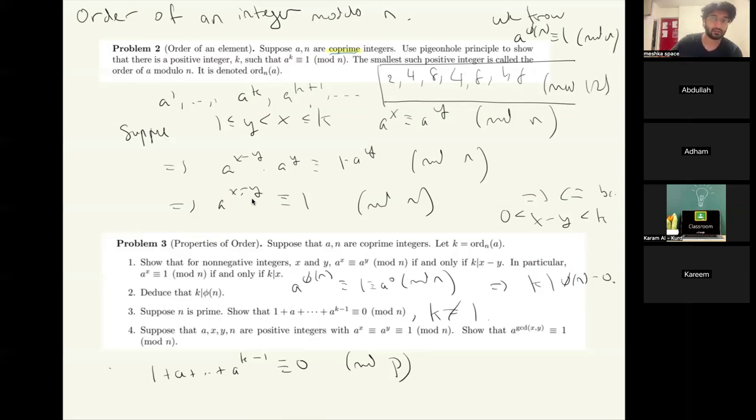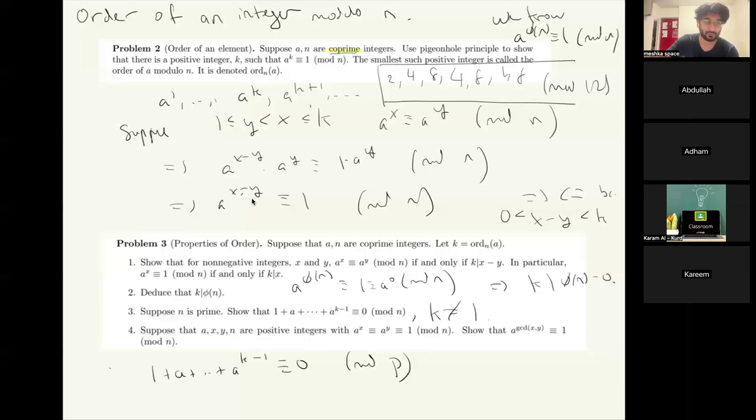But no, A is 1 and K is 1 are the same thing. Oh, yes. A is 1 and K is 1 are the same condition. Okay, so let's prove it, and let's see if it works when n is prime. So how do we prove it?